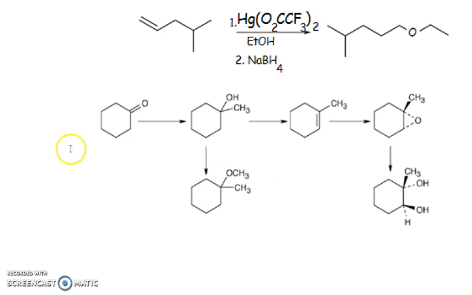Okay, let's look at these things here. How is it we can go from a ketone to this alcohol? Hopefully you remember that you need a Grignard reagent. That's methyl magnesium bromide, CH3MgBr.